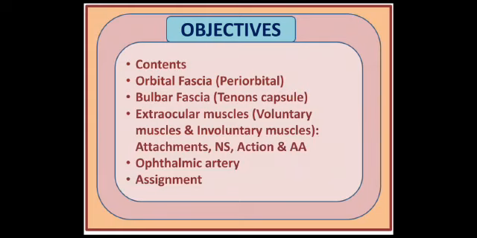You should know about the extraocular muscles, both the voluntary and involuntary muscles, its attachments, nerve supply, action, and applied aspects. Apart from that, we are going to know about the ophthalmic artery. And last but not the least, you should be able to answer the assignment.